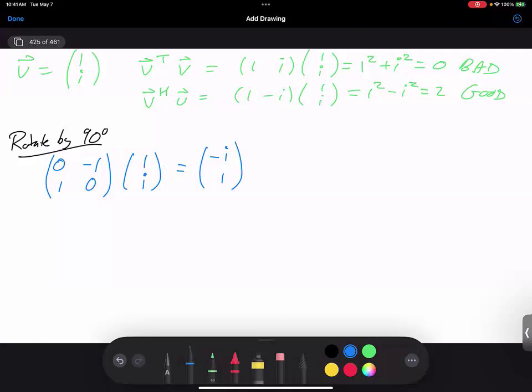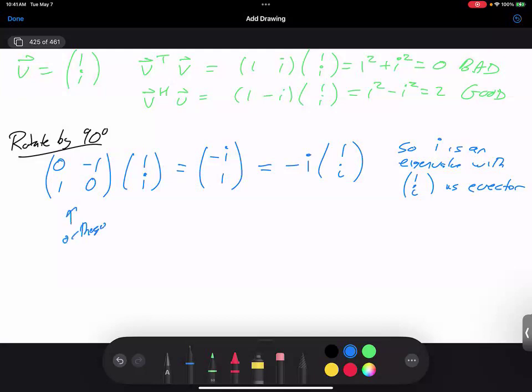So notice this is actually the same vector as minus i times (1, i). So minus i is an eigenvalue with (1, i) as the eigenvector. So here is an orthogonal matrix. Its eigenvalue has absolute value 1, but it's not real. So this is a simple proof that the eigenvalues of orthogonal matrices are not going to just be plus or minus 1. Proof by construction.